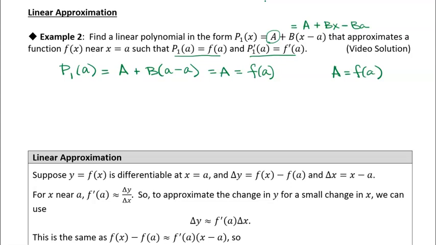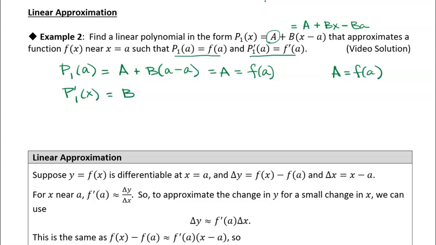It's some value of x, but it's a constant. So I can find p1 prime of x just by taking the derivative, assuming a is a constant, so the derivative of a is 0. The derivative of bx is just b, and the last part, b times a, is also a constant.